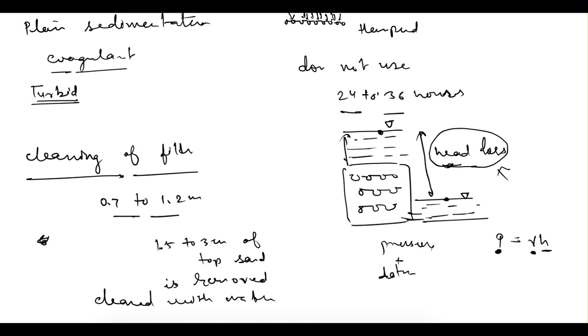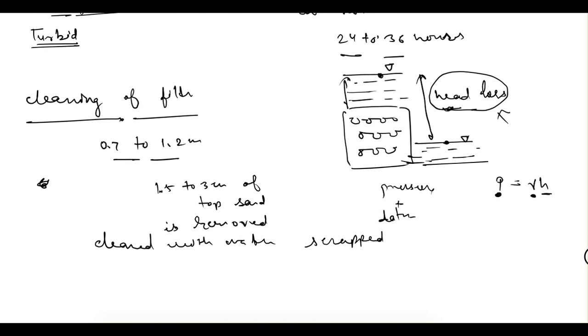You can simply remember that we do not use backwashing in the case of a slow sand filter. That is the major point of importance here. So that's how we do the cleaning of this filter.